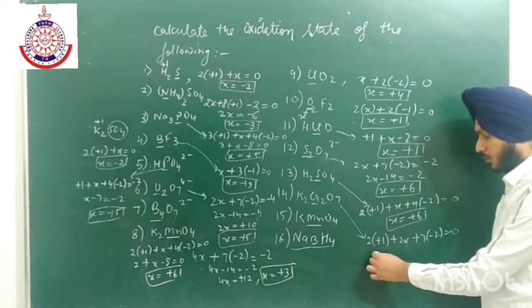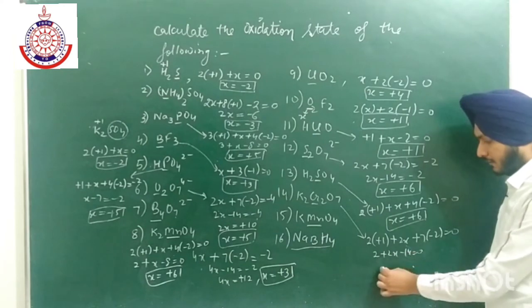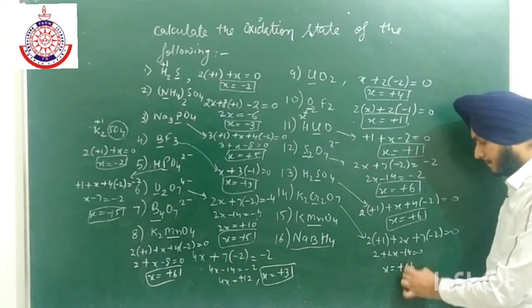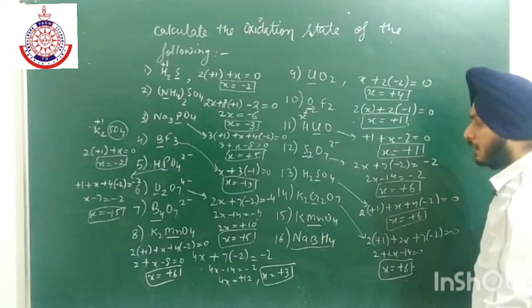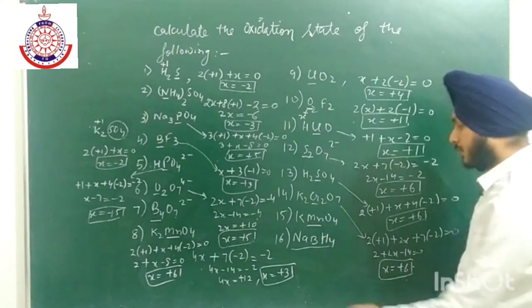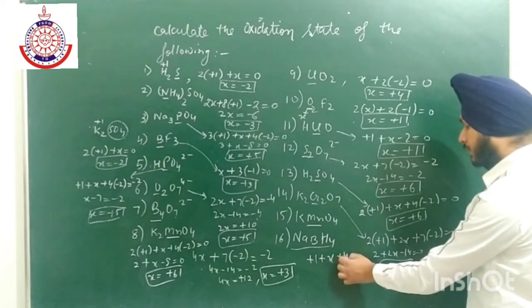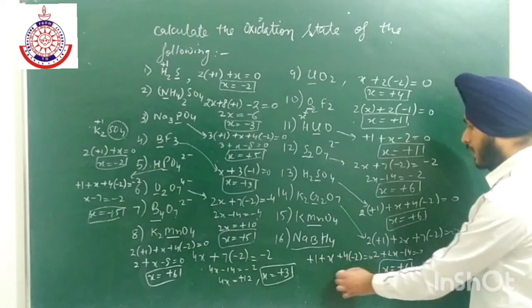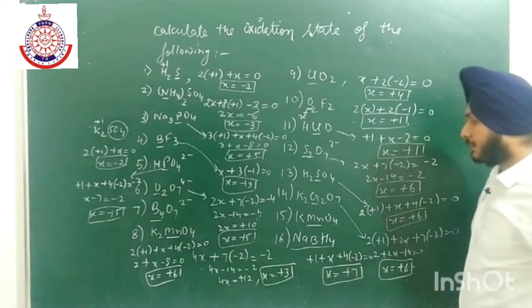So 2 plus 2X minus 14 is equal to 0, and after calculating X comes out to be plus 6. Now in this case for potassium the oxidation number is plus 1, and for manganese it is X plus 4 into minus 2 is equal to 0, and after calculating X comes out to be plus 7.